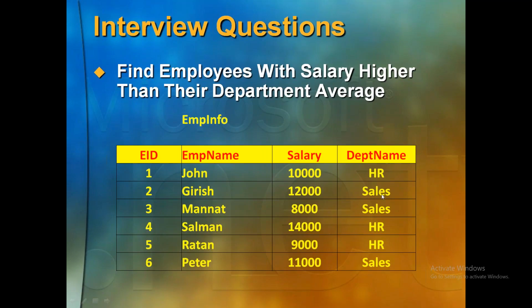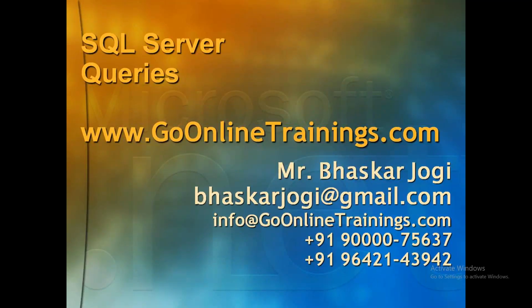Whatever the average belonging to their department. So find employees with salary higher than their department average. This is one beautiful interview question asked recently. You try this. If not, I'll give the answer. This is a very, very important interview question. Try to do that.